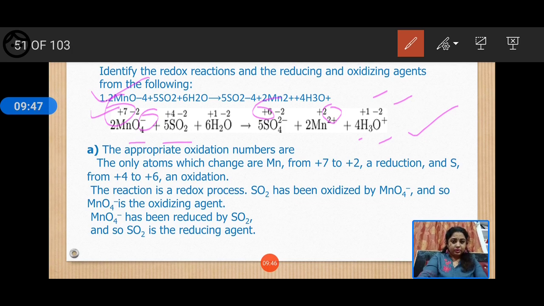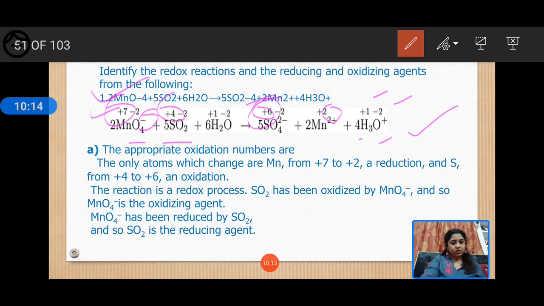Okay, now let's see the other. SO2: sulfur here is +4, and on the product side it is showing +6. +4 to +6, oxidation number is increasing, so oxidation is occurring here. So what is the result?